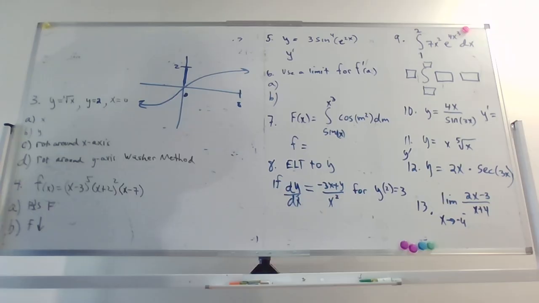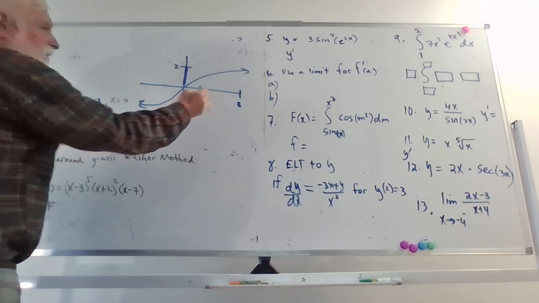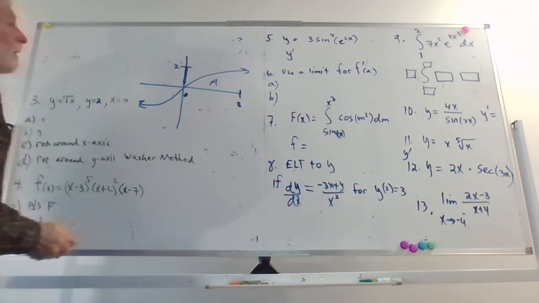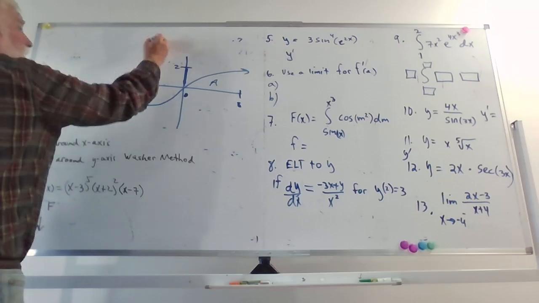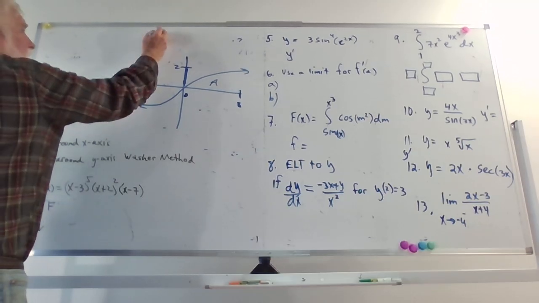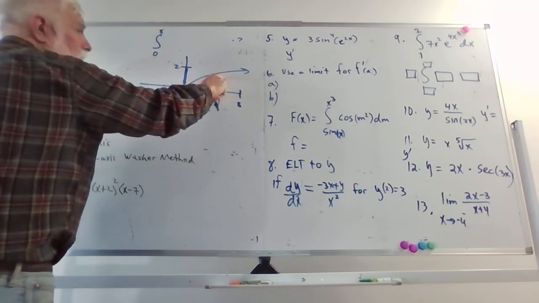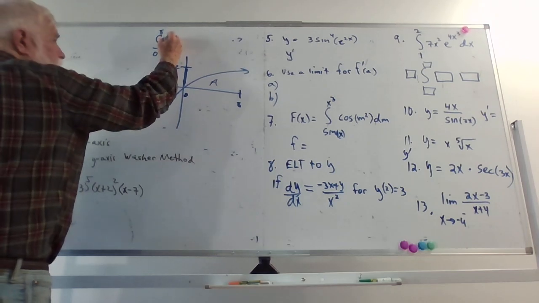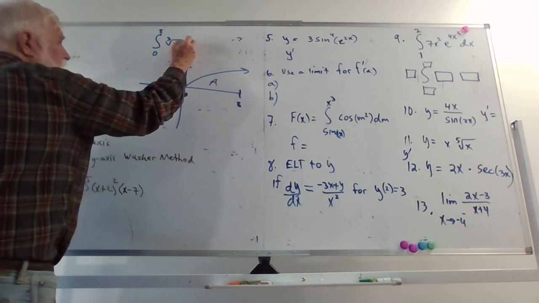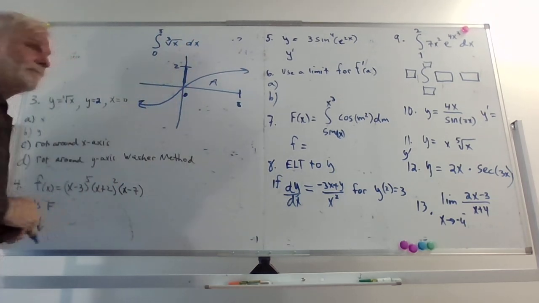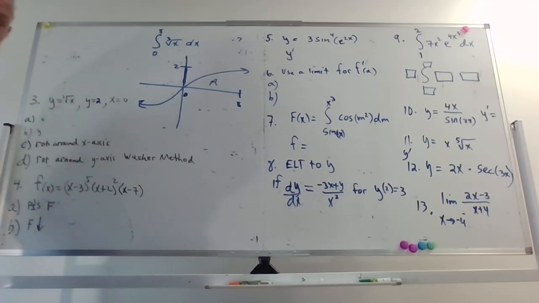All right, so what's the calculation that gets me this area right there? Well, that area is the integral from 0 to 8, the cube root of x, dx. That's it. Now, how would we do it in terms of y?